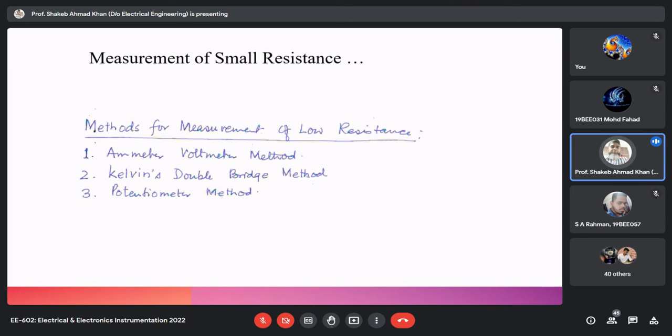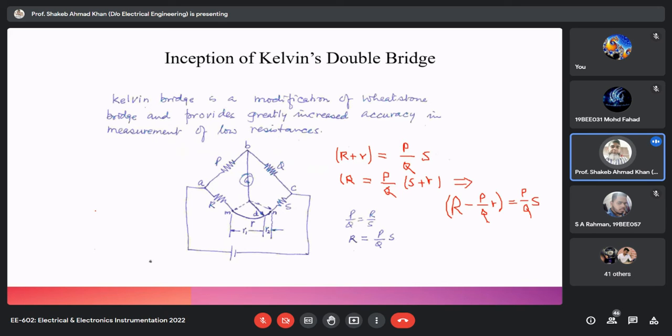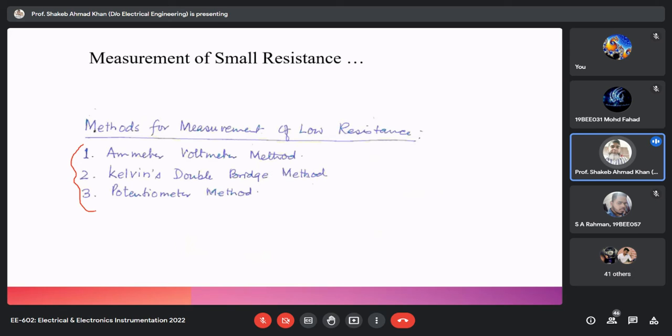So for measurement of low resistance, these are the different methods which are used. The voltmeter method that we discussed just now, with four terminal resistance. Now the best method for measurement of low resistance is Kelvin's double bridge.